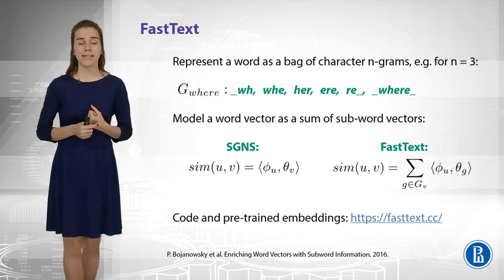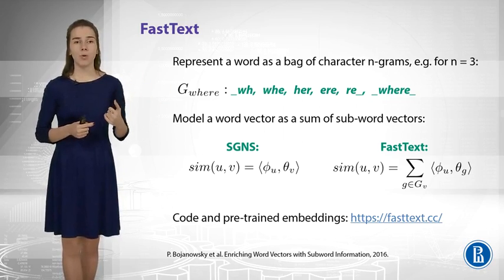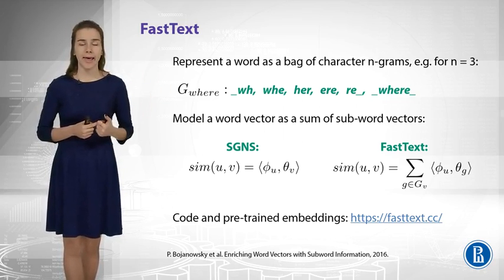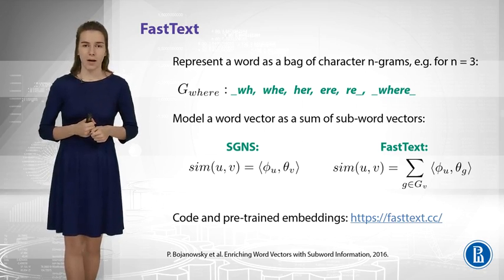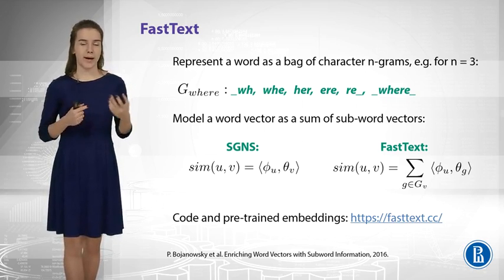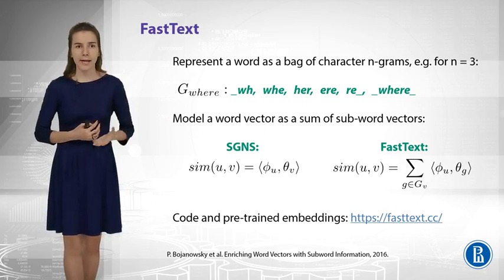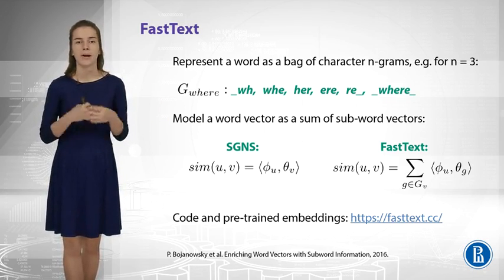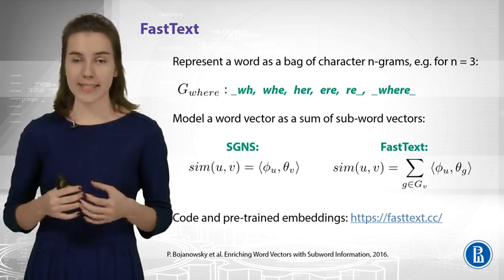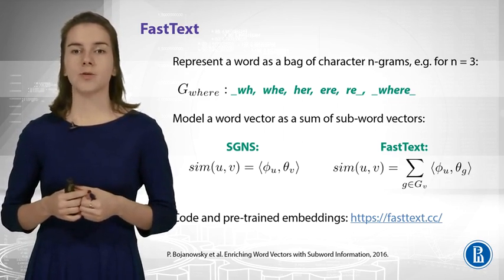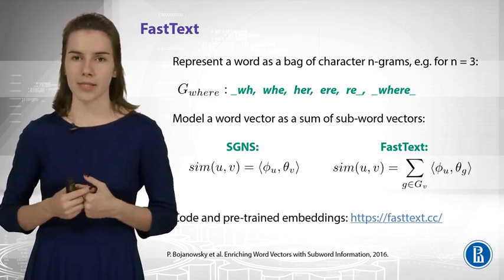So we can say that now we have a sum over all those character n-grams, and every character n-gram is represented by a vector. Awesome! So I think the idea is great, and it works well for languages with rich morphology. Okay, so the fastText model provides a nice way to represent subword units.